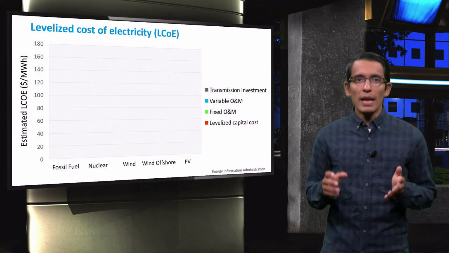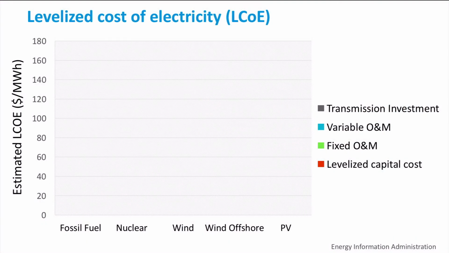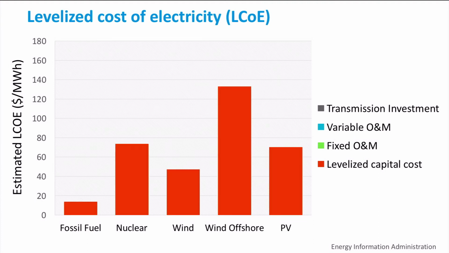Let us now look at the LCOE for various utility-scale generation technologies. The levelized capital costs in orange are calculated by using tax depreciation schedules consistent with permanent tax law, which is specific to the region and the technology under study. The fixed operational and maintenance costs are shown in green. The advantage of renewable energy sources is the zero variable operational and maintenance costs due to the absence of fuel costs.